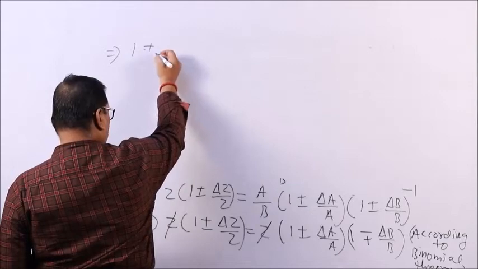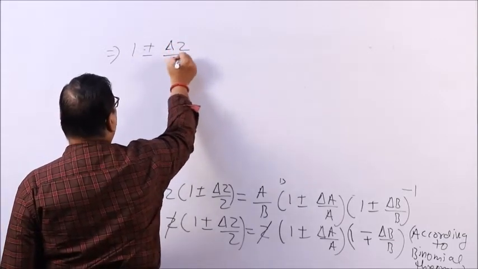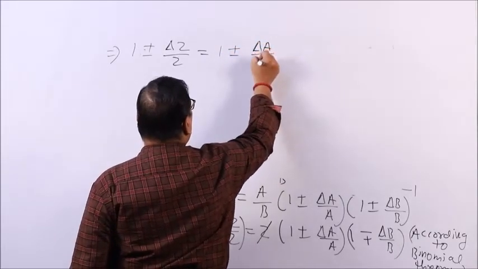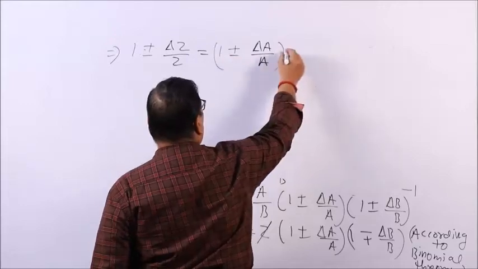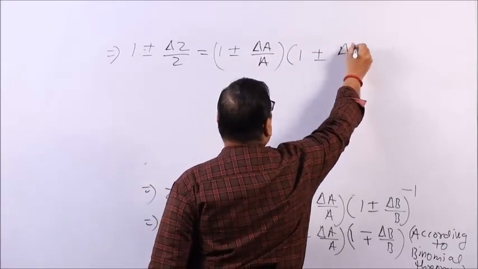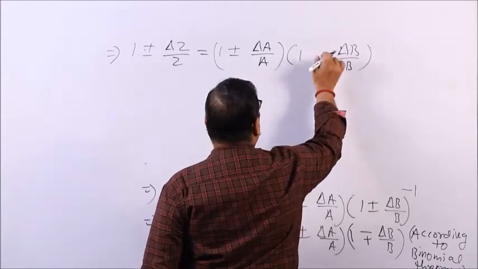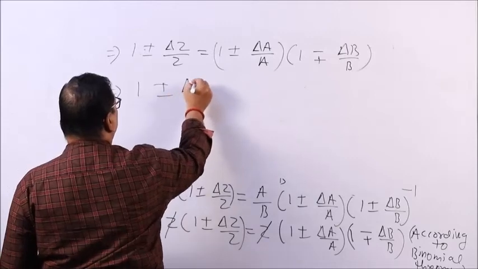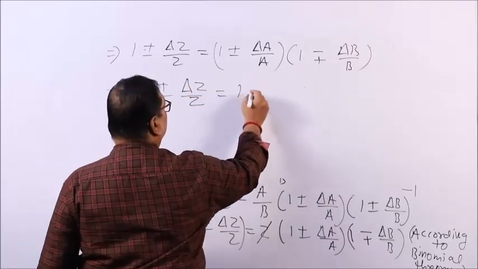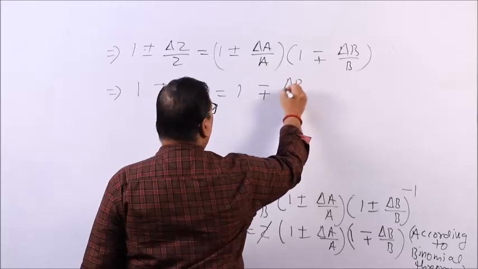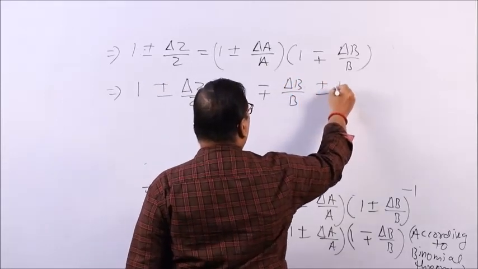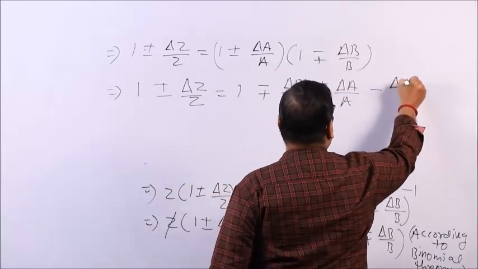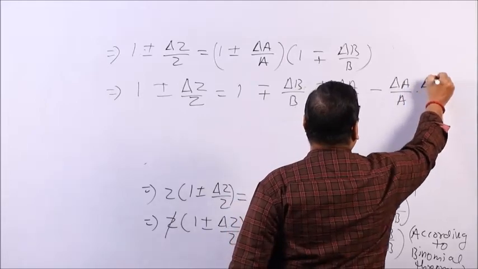Again 1 plus minus delta z by z equal to 1 plus minus delta a by a, 1 plus minus delta b by b, sorry, this is minus, this is plus, implied 1 plus minus delta z by z, 1 minus plus delta b by b plus minus delta a by a minus delta a by a dot delta b by b.